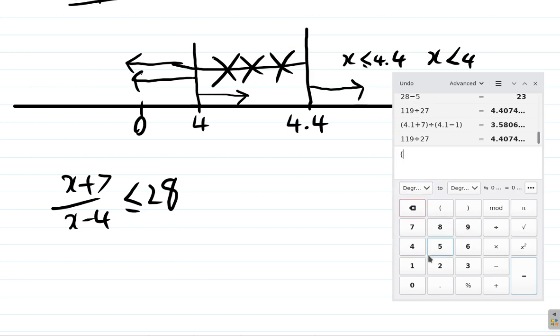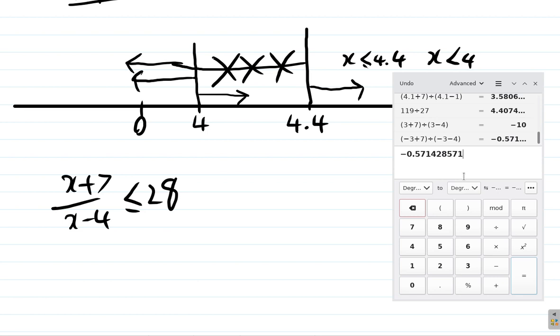Open bracket, 3 plus 7, close bracket, divided by, open bracket, 3 minus 4, close bracket. This should give an answer that is less than 28. Let's see. Negative 10 is less than 28. Suppose you try, say, negative 3. Negative 3 plus 7 divided by negative 3 minus 4. This is indeed less than 28. You see that?